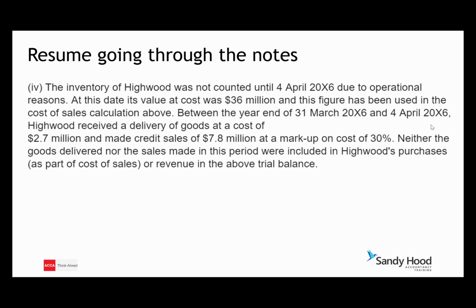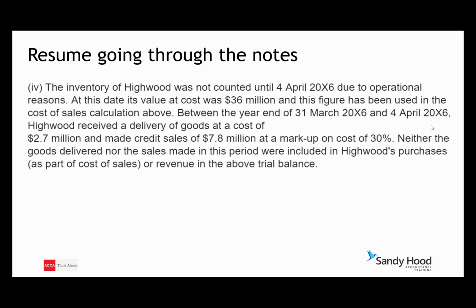And they made credit sales in this period of 7.8 million, and these were at a markup of 30%. So in other words, they were 130% of the cost. Neither the goods delivered nor the sales made in the period were included in Highwood's purchases as part of cost of sales.